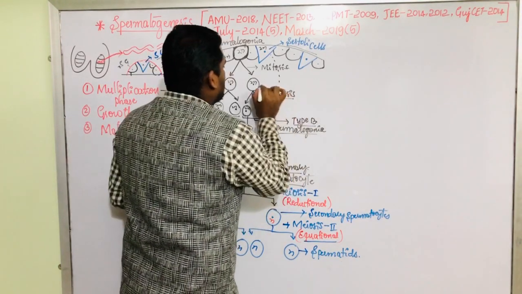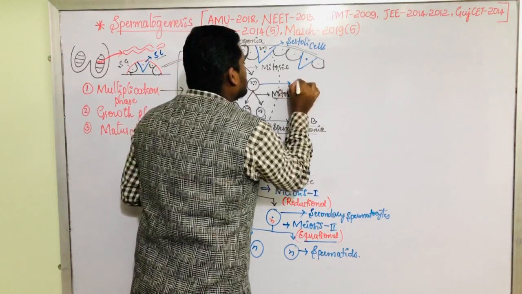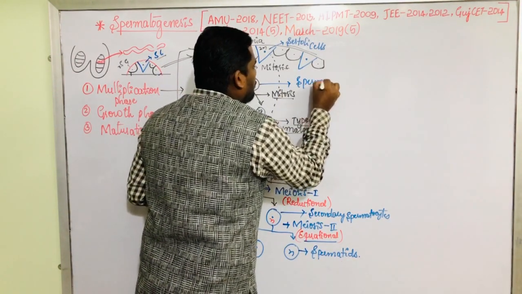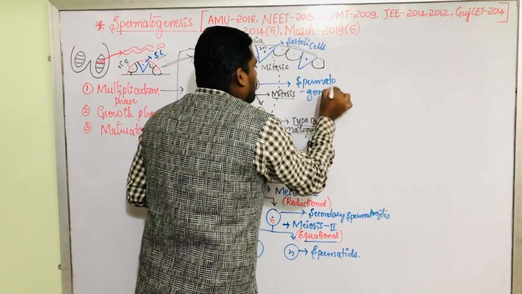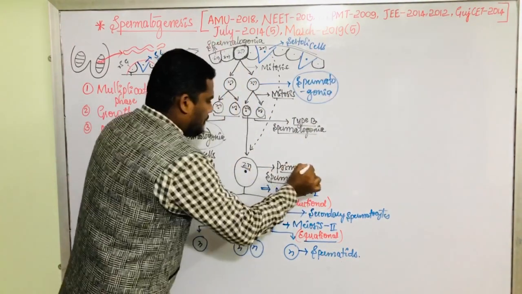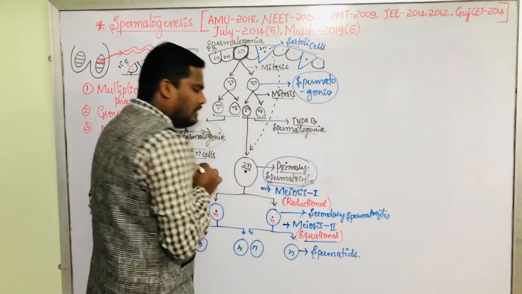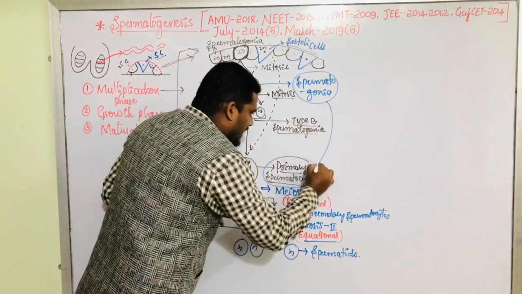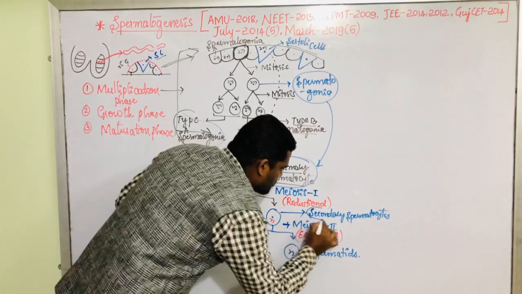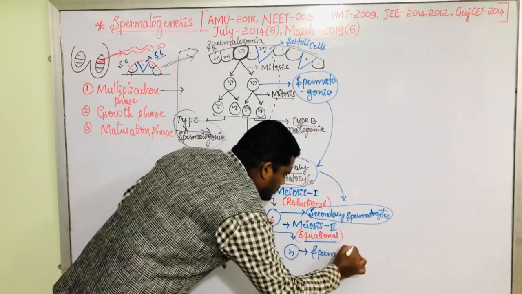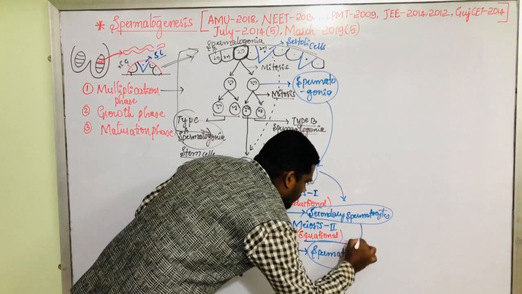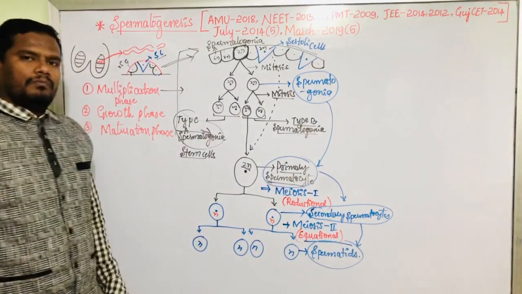Here, these cells are all called spermatogonia. From spermatogonia, primary spermatocytes are formed. From primary spermatocytes, secondary spermatocytes are formed. From secondary spermatocytes, spermatids are formed.